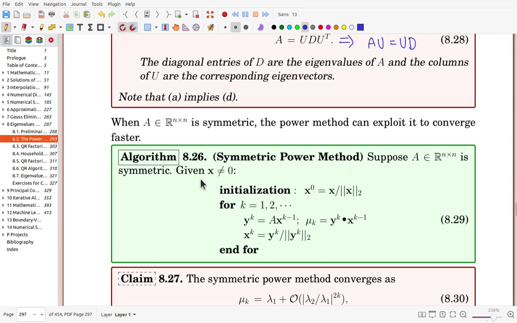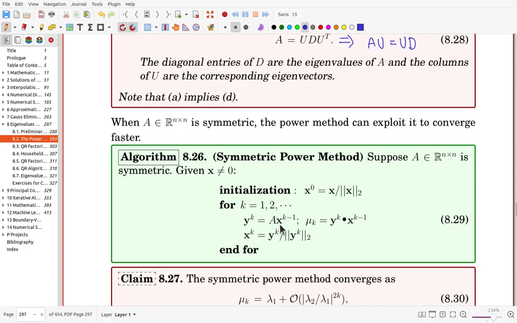A is symmetric. Then start with a non-zero vector, and we initialize x0 to become length 1 in the L2 norm, so that we divide by the L2 norm.